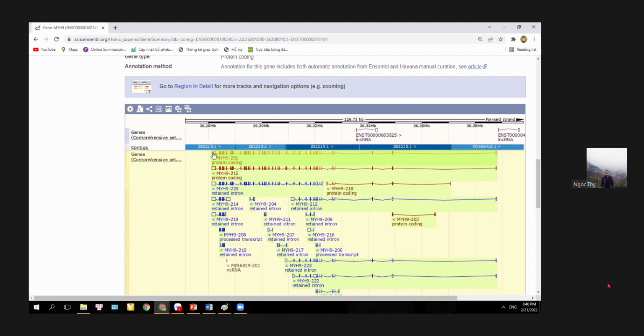And the blank exon here, the square with a white blank in the middle, is the non-coding region. So we can see that all the exons in the middle are coding for protein, but we have a part in the beginning here that is not coding for protein, and the part at the end of the gene here is not coding for protein. Because this is the 5' UTR of the gene, and this is the 3' UTR of the gene.